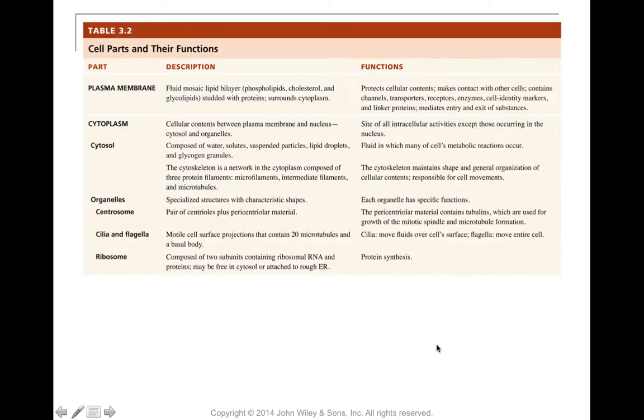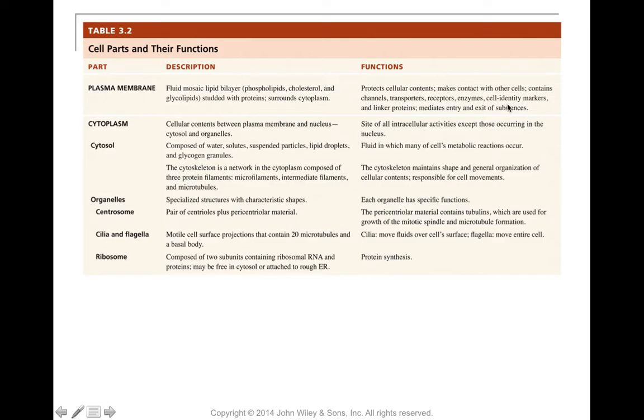All right, so we talked about the plasma membrane and how it was a fluid mosaic, a lipid bilayer, with lots of different proteins inside, and it helps surround the cell to separate the inside from the outside. Again, the inside is the cytoplasm and the outside is the extracellular fluid. The function of the plasma membrane is mainly protection, but also transport of things in and out. Receptors are there to identify the cell.